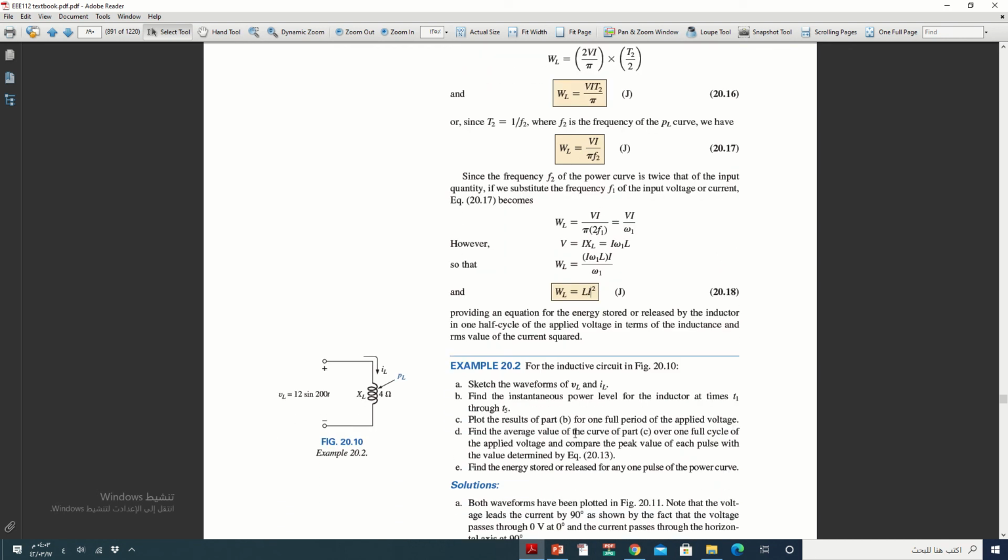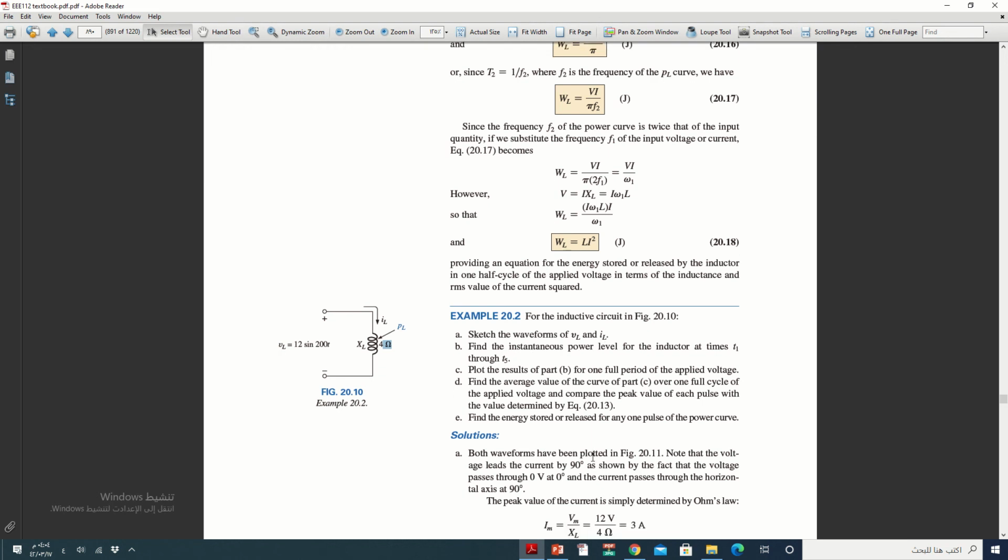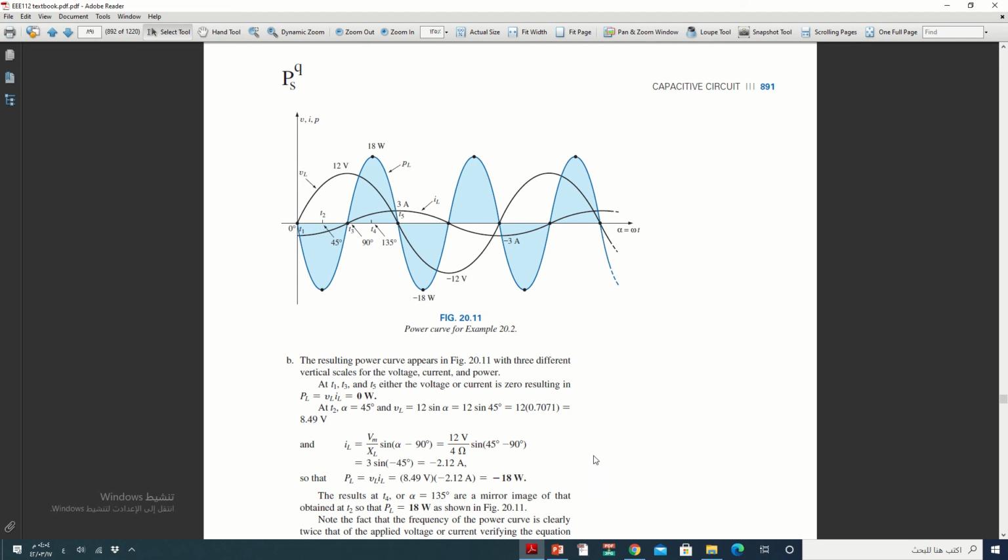Let us see an example here about an inductor. For the inductive circuit shown here, this is the voltage and this is the XL. Sketch the waveform VL and IL. This is VL, and this is IL.